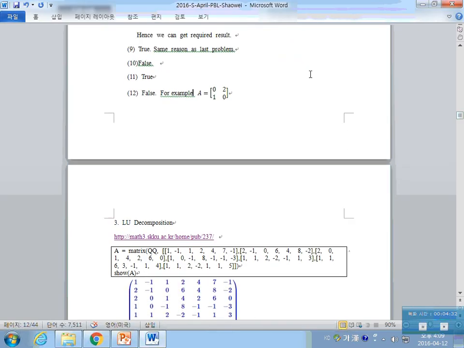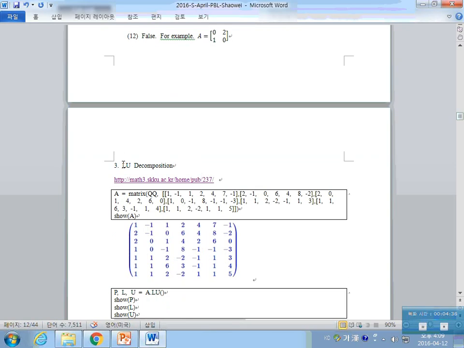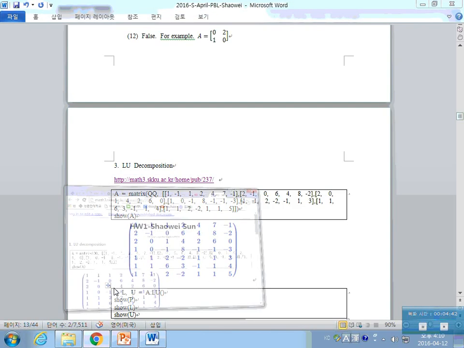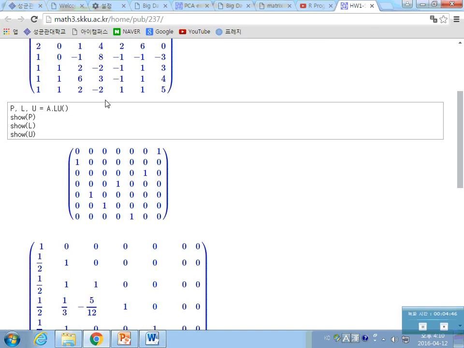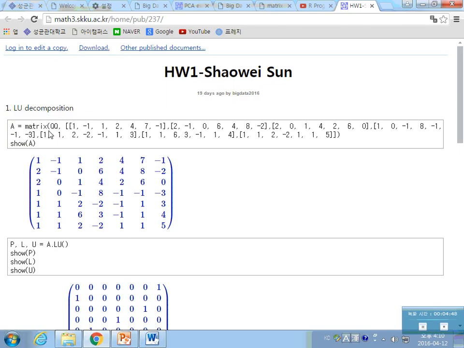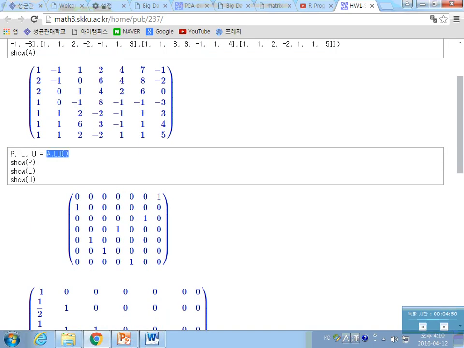Yes. Now, for LU decomposition I also used Sage, so here is something we can share. From Sage, we can easily use this command to find P, where P is the row permutation, L is the lower triangular matrix, and U is the upper triangular matrix.